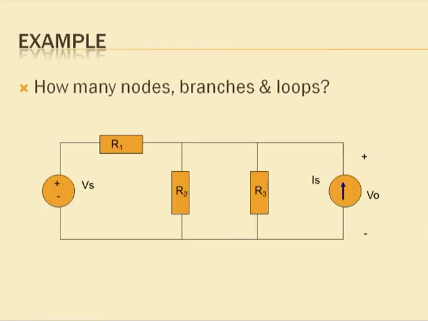Now suppose this is the circuit given, and here we want to identify the number of nodes, number of branches, and number of loops. In this circuit, this is our voltage source, the constant source that we already discussed in the last lecture.